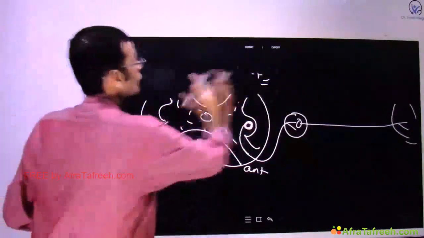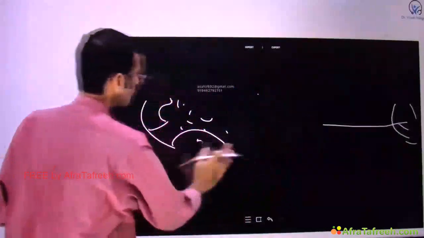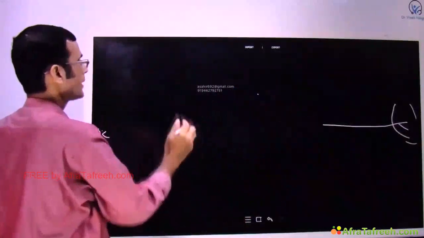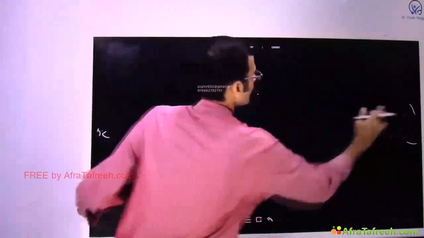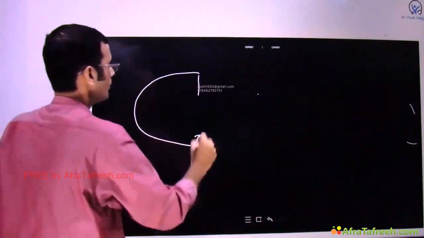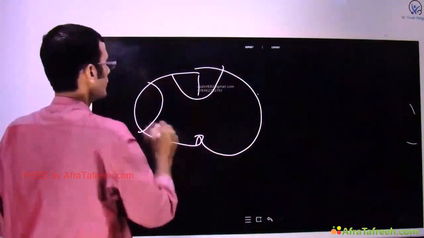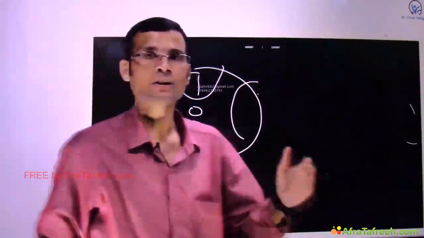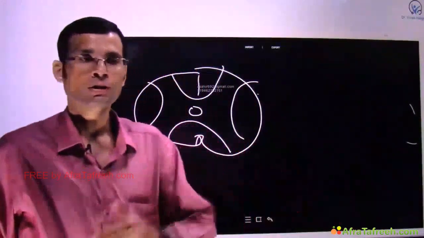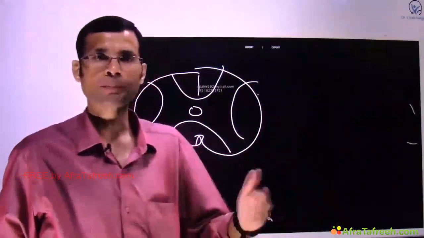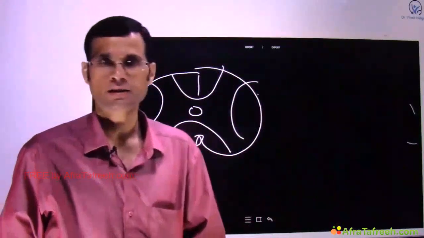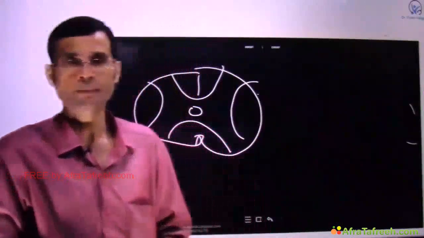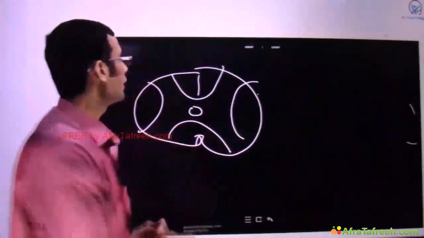The opposite is true for the parasympathetic nerves. In the case of the parasympathetic system, first of all, the parasympathetic system is called the craniosacral outflow. So cranial nerves perform the parasympathetic function, and sacral nerves. In the sacral segments, there are parasympathetic nerves.